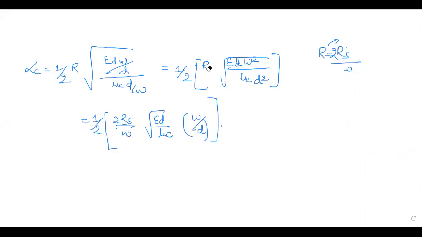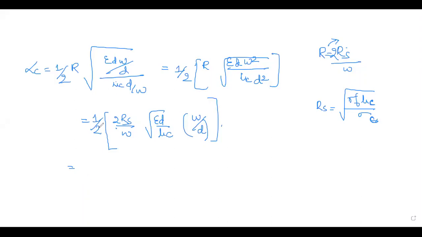What is the equation of RS? RS is square root of pi f mu C divided by sigma, that is, mu by sigma. Since we are taking it here for ohmic loss, I have given a subscript C, mu C and sigma C. Now substitute that value here. So you have half into, okay, you can cancel that 2 and half here.